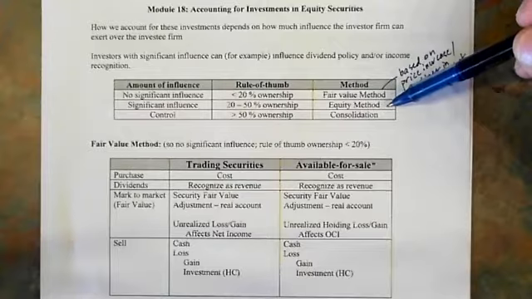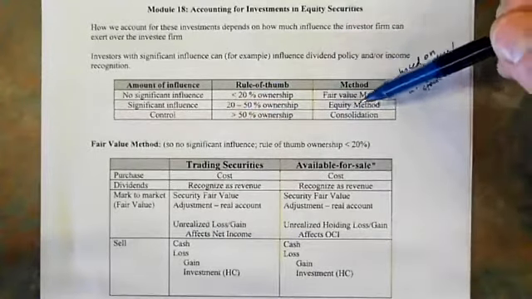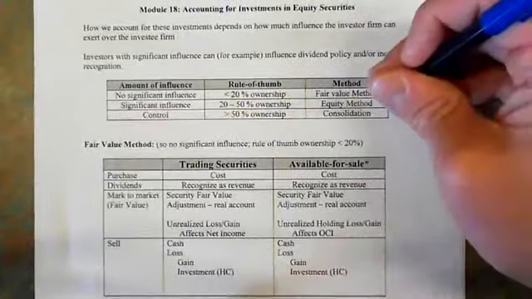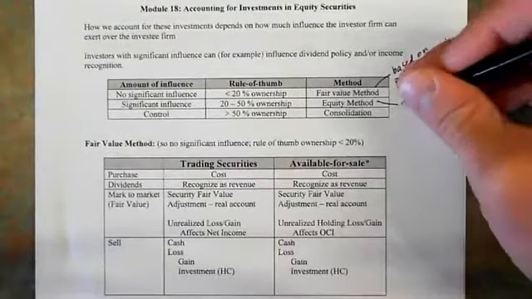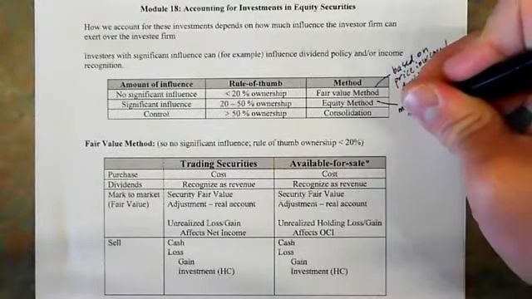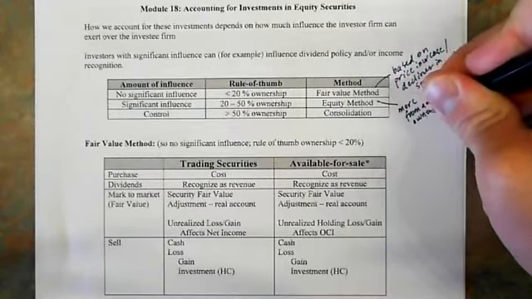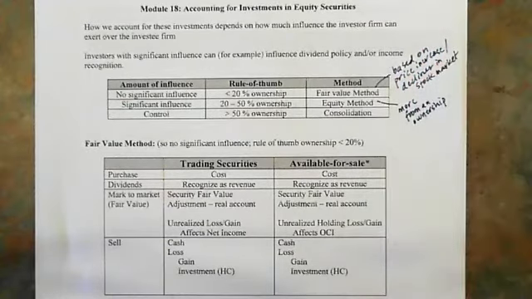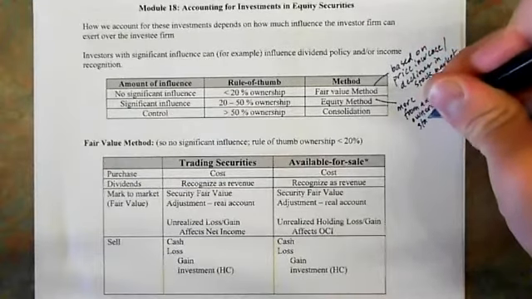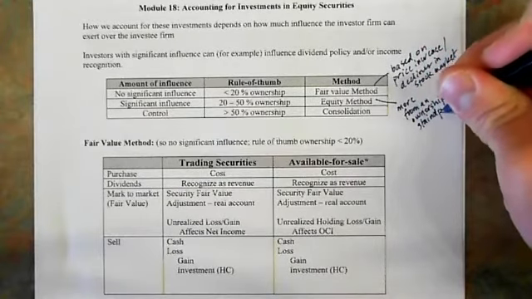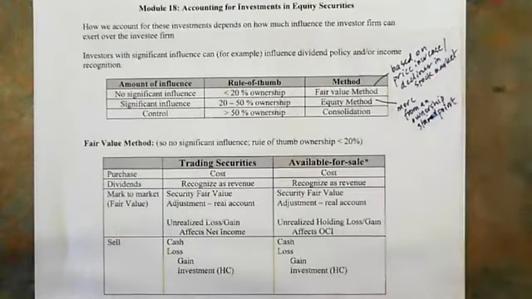The significant influence occurs when you have between 20 and 50% ownership. We use something called the net equity method, and we begin to bend the accounting more from an owner standpoint. And so your gains or your revenue or your losses from this investment are no longer based on just the price fluctuations in the market.